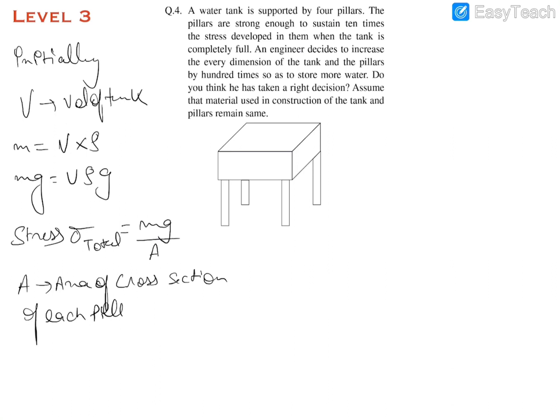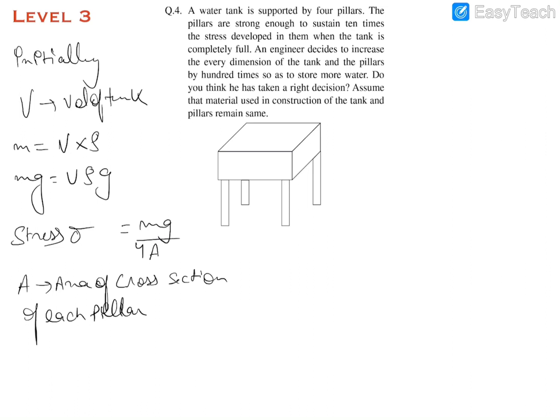Let us divide this mg among the 4 pillars. So the force acting on a single pillar would be mg by 4, and the stress developed in the single pillar will be mg by 4A.